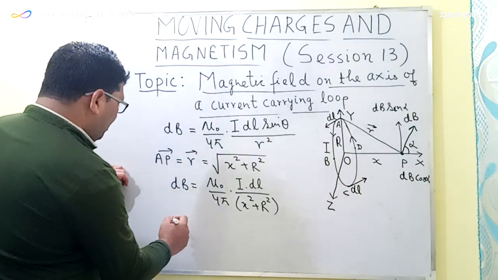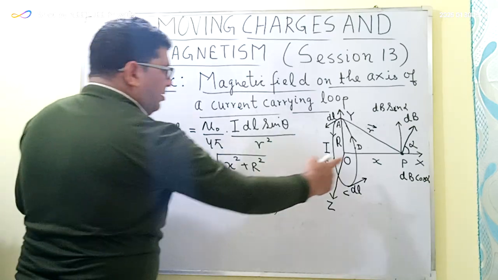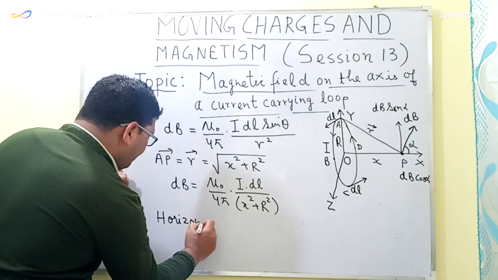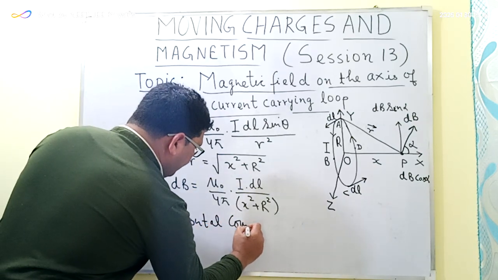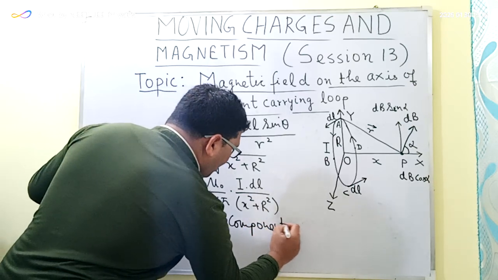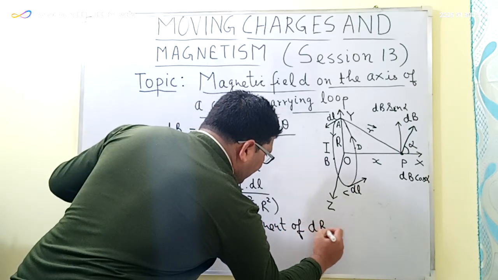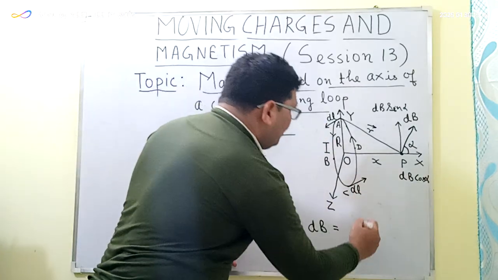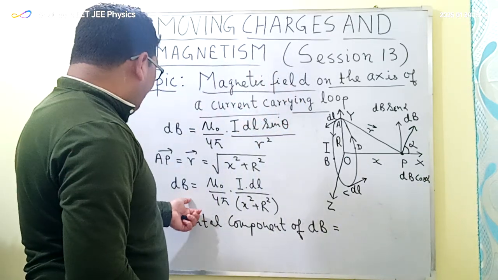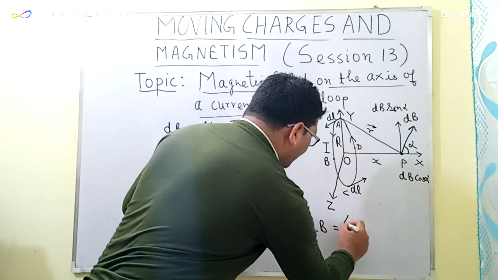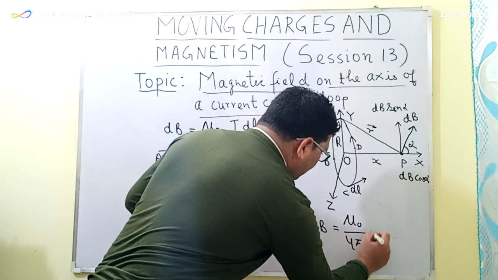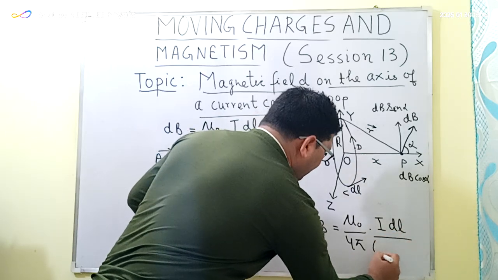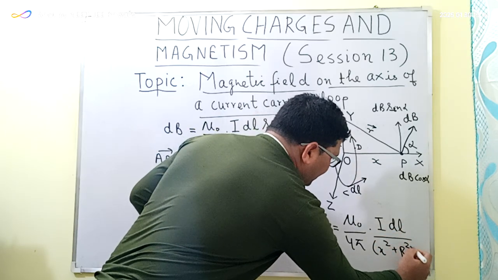So the horizontal component of the magnetic field due to this conducting element dl will be equal to dB cos alpha, and dB cos alpha is equal to mu naught upon 4 pi into I dl upon x square plus R square into cos alpha.